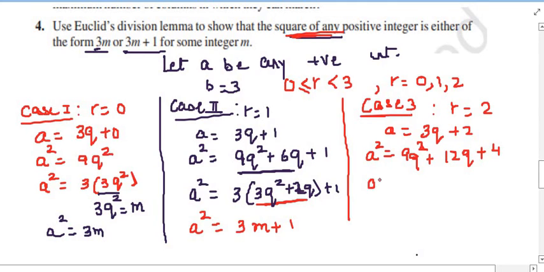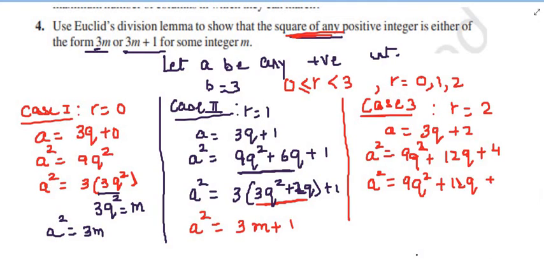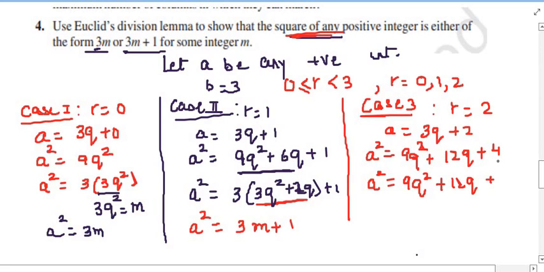We can write 4 as 3 plus 1. Right? So now from the first three terms, take out 3 as a common factor. So a square will be equal to 3 times (3q square plus 4q plus 1) and plus 1.